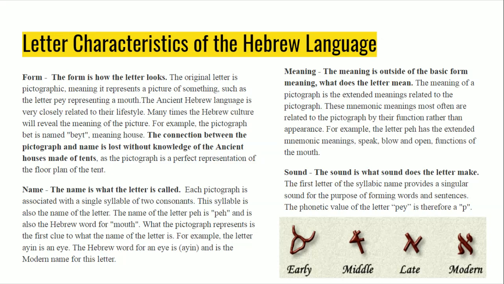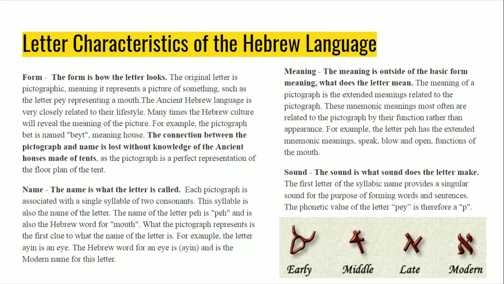So again, to break this down better, you have the pictograph pey. I know many of you are now like, what is the pey? And I should have put it here, but I'm sorry. It's a picture of a mouth. So we know that pey means mouth.